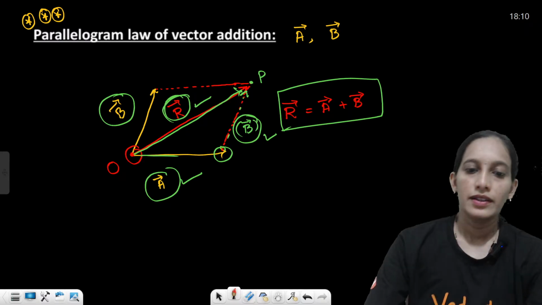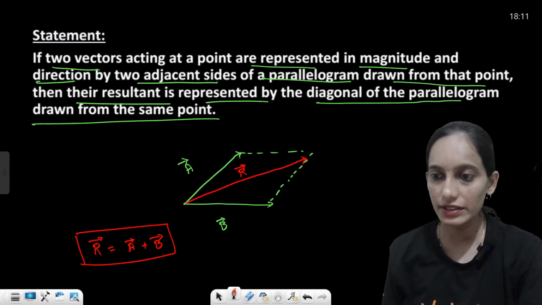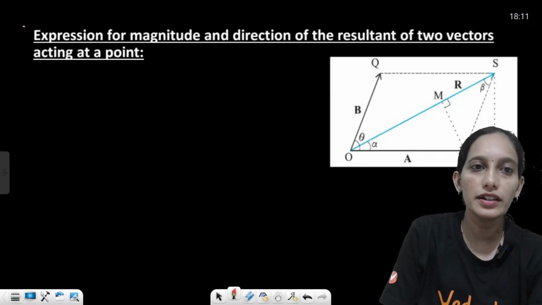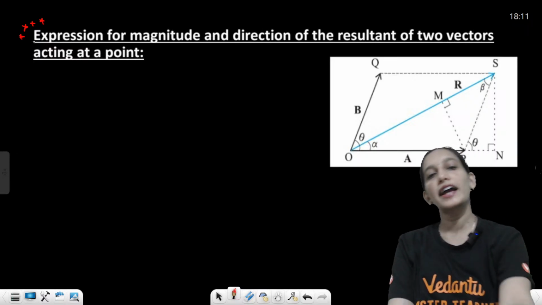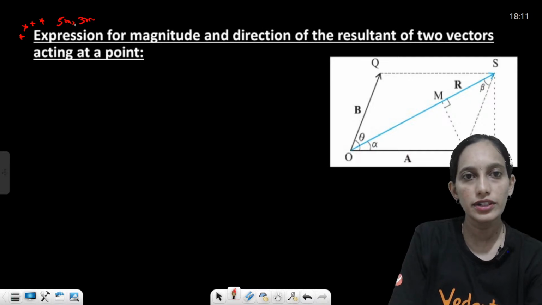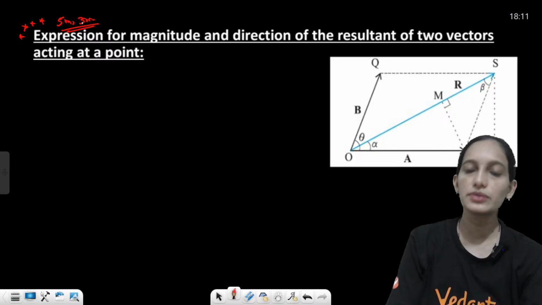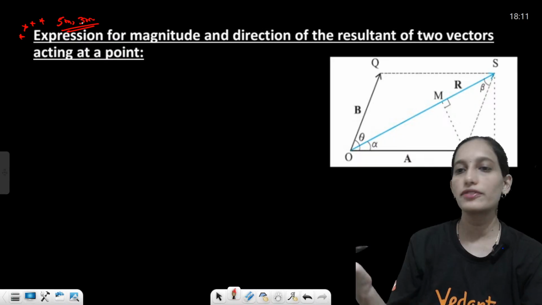Fine. So the next concept we will be discussing is another important question. It can be asked in your 5 marks or 3 marks derivation, and the formula we derive here we will be using till the end of your second PU and competitive exams.